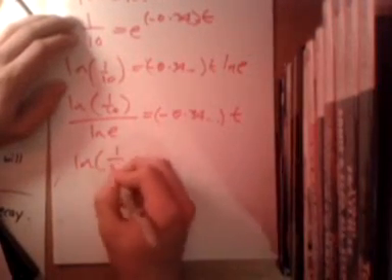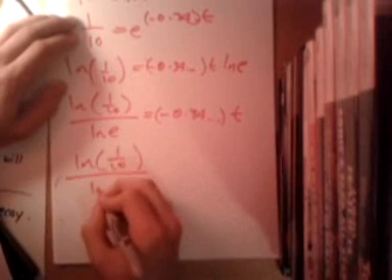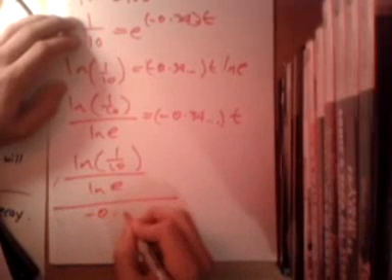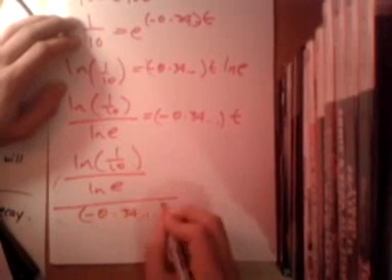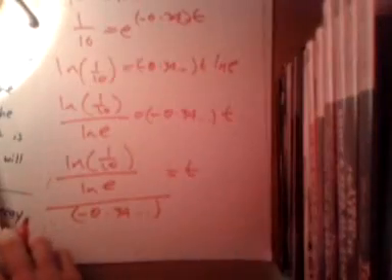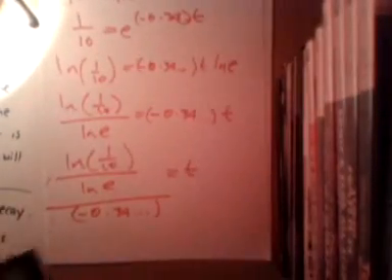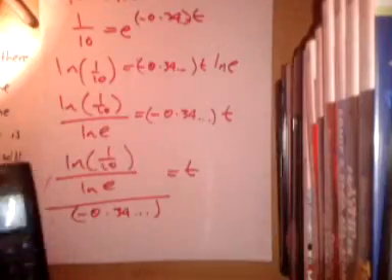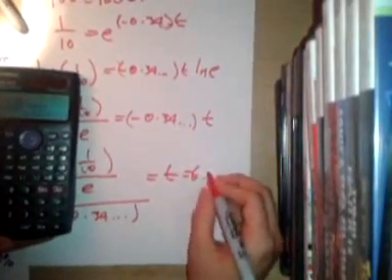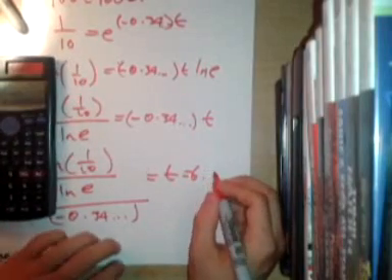We're nearly there. That divided by minus 0.34 dot dot dot. So that's where you want to keep it in your calculator, so you can just have it as ans. And now you put that into your calculator, you should get t. And there you go, 6.6438 dot dot dot. So that's your time to get rid of 90% of the rabbits. That's your time.